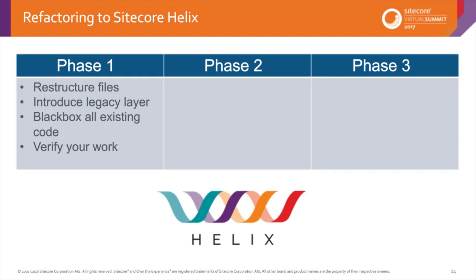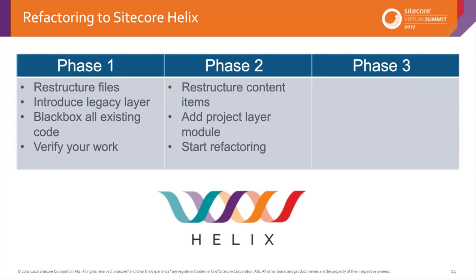In phase 2, you can restructure content items if needed. It's not certain that you need to restructure the content. It depends on how the item structure under Sitecore/content is already. You should add a project layer module, so you have a context for your existing website, and then you should get started on the refactoring and add new modules if you have to.